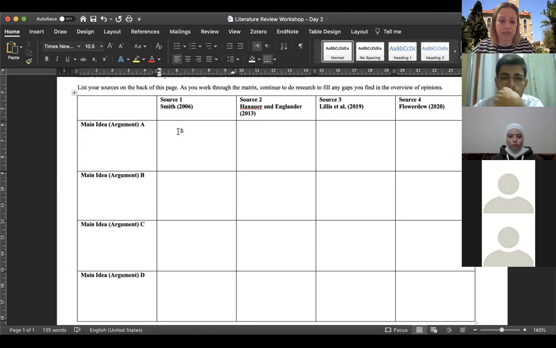Okay, so let me write these names here. Mendeley, I think, is spelled that way. You have Zotero, and you have EndNote. EndNote is paid, but it's paid for by the university. Zotero, I think, is free, and Mendeley is free.